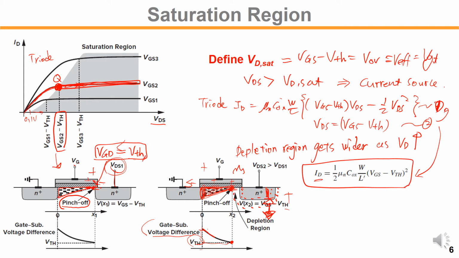From this, the current is only determined by VGS. So this is a voltage controlled current source. What is important is that ID is proportional to W over L times the overdrive voltage squared. So what determines the current is the overdrive voltage, right?